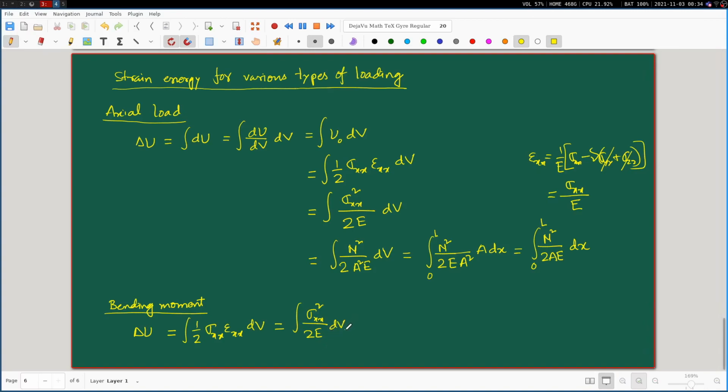Now sigma xx is My by I. Minus My by I doesn't matter because you have the square here, so you will end up with M square y square divided by twice E I square. Of course you have this dV. Now, just like before, we will decompose this dV as dA dx.